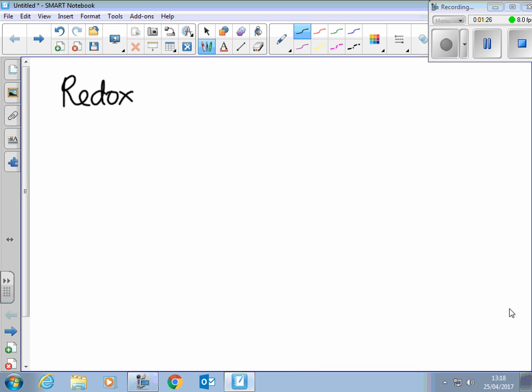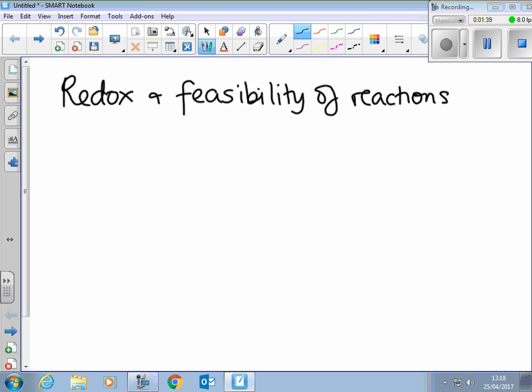All right, so it's redox, and the attachment to this is feasibility of reactions. That covers the whole of learning outcome 3.